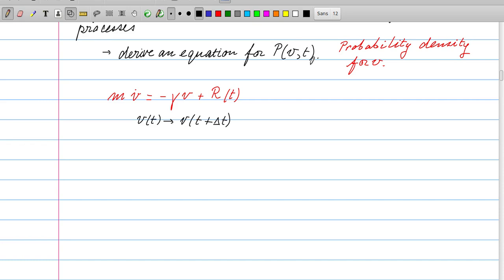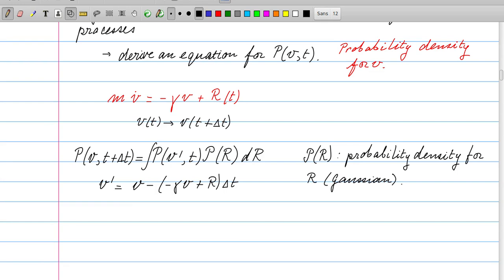First of all, in order to facilitate the analysis, we take the mass equal to 1, so we drop it from the equation. And then this equation, if we discretize it, tells us that if we start with a velocity v primed, we will go to a velocity v at the next time step, which is related to v primed by this equation.